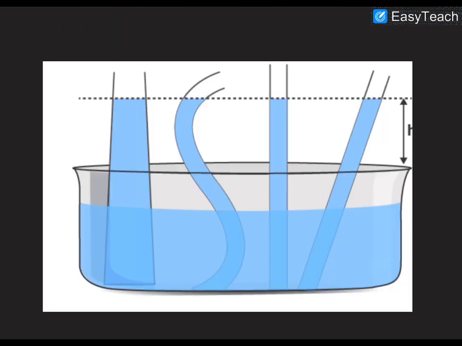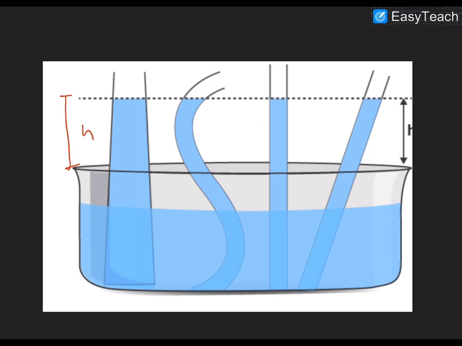So the concept says that if we suppose these are four glass tubes which are made of the same glass material, and these are immersed into the same liquid, which is water, then the concept says that the vertical height to which the liquid will rise will be the same for all of these four tubes.